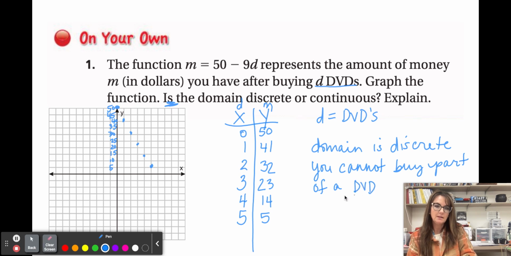They have to be purchased in whole number quantities. That makes sense? All right, make sure you've copied that down, and then I will clear the screen.